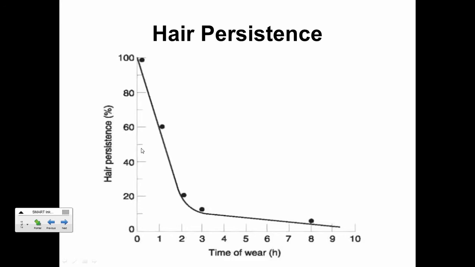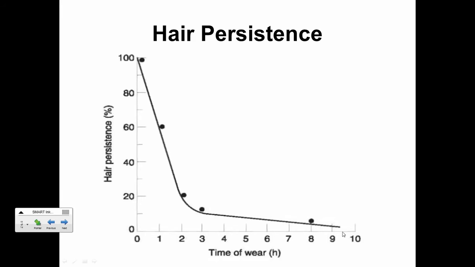So the more time goes by, and we can see that here, the more time goes by since the crime actually happened, the less likely you are to find hair evidence at the scene of that crime. So if you get to the crime scene immediately, you have a much higher likelihood of finding hair.